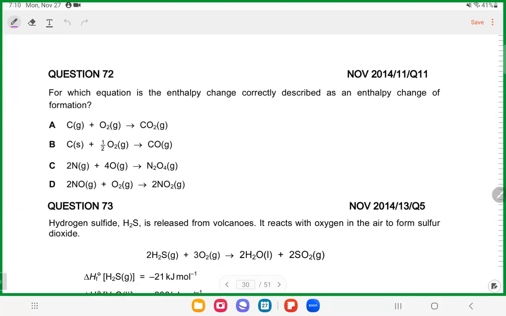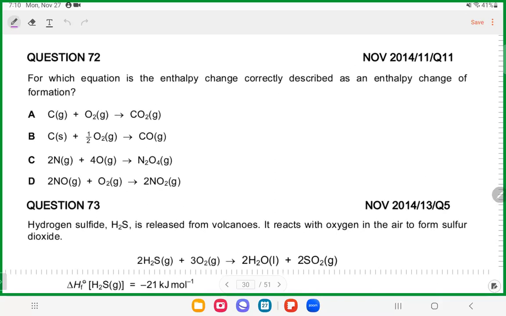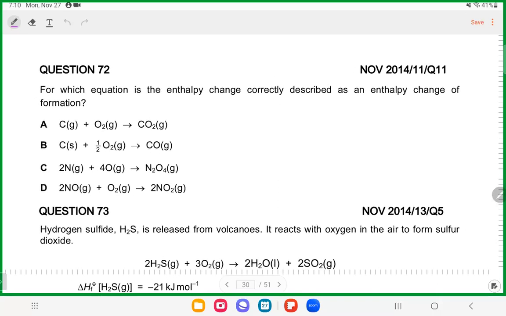Next, the enthalpy change of formation of carbon dioxide. A seems to be the right option, but this is wrong because oxygen is always O2.